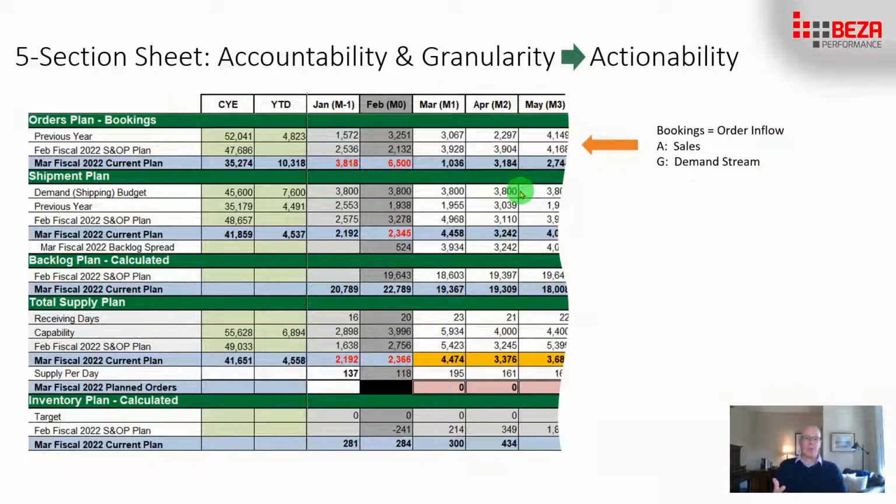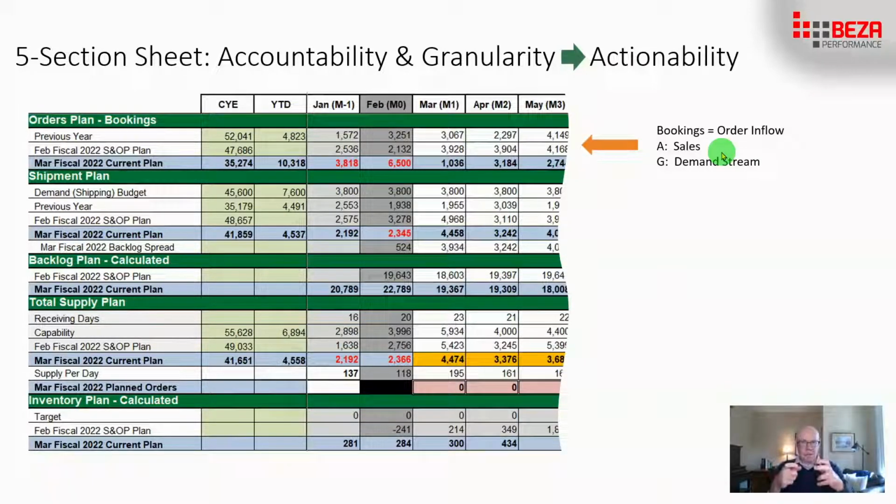I'll start with the bookings one, and this one should be really clear for people. The accountability for the bookings plan, the order inflow, has to sit with sales. You might say sales and/or marketing, potentially product management if you've got business units managing product development.